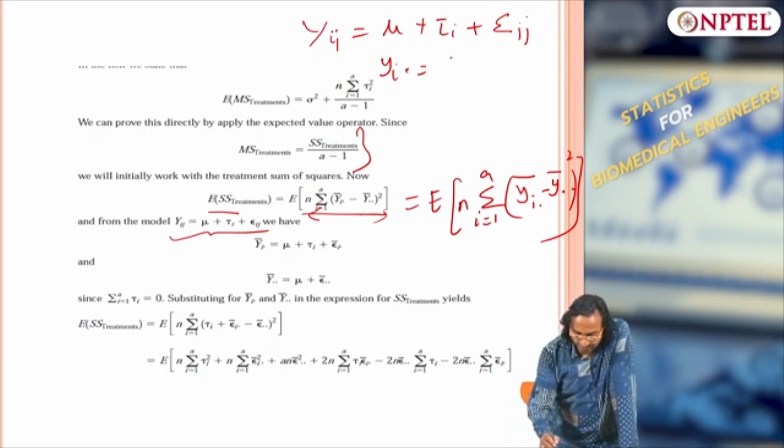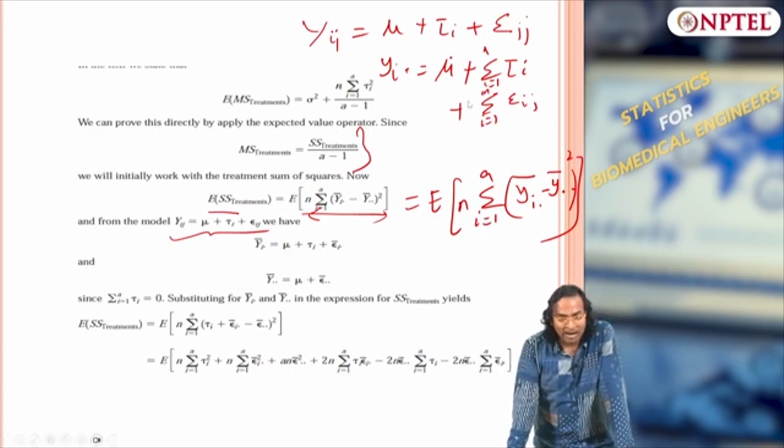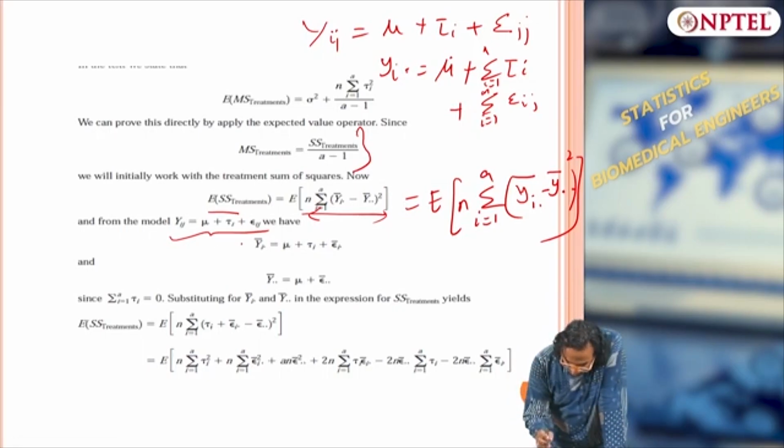So, that is nothing but mu plus tau i plus summation epsilon ij for i equals 1 to A, right. I am only summing along the j axis, I mean I have to write, okay. What is summation of tau i?